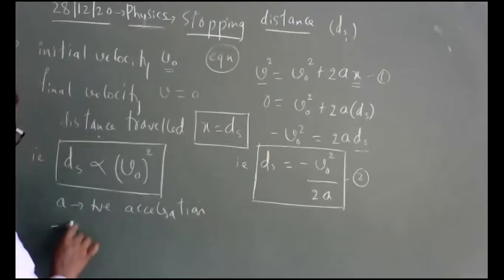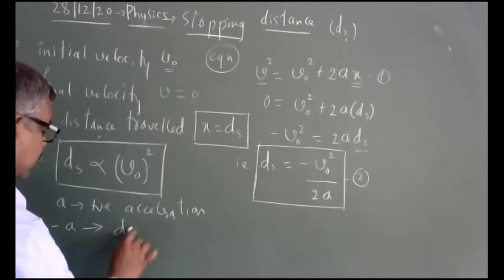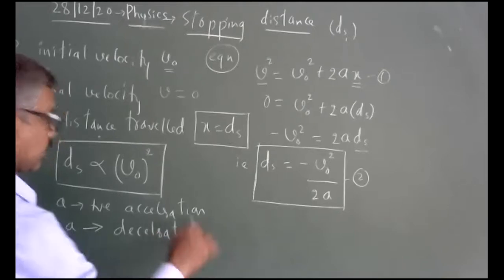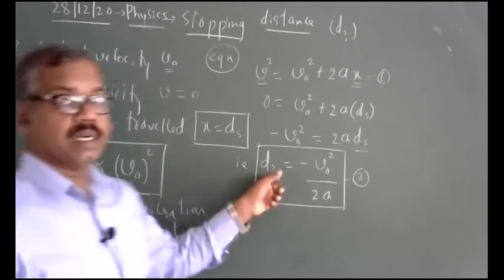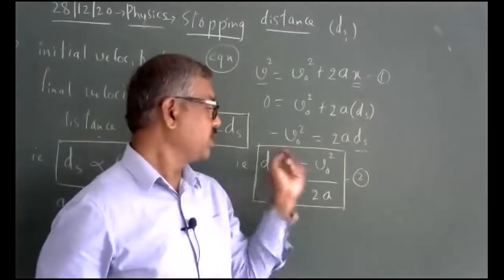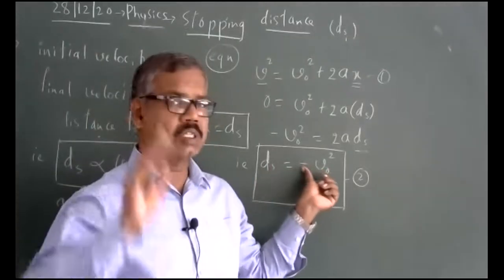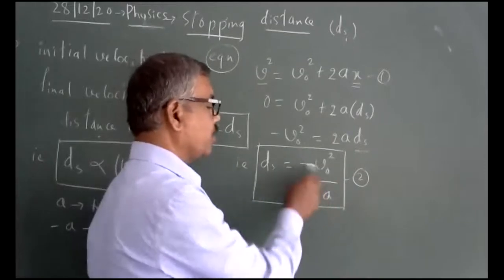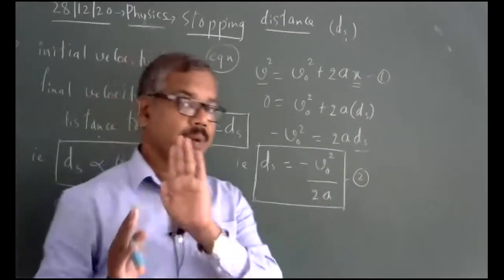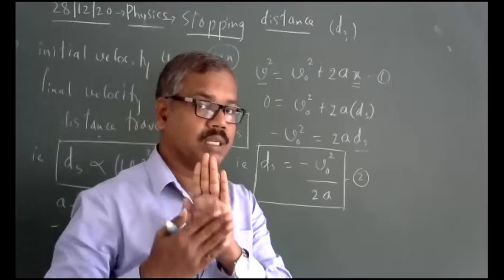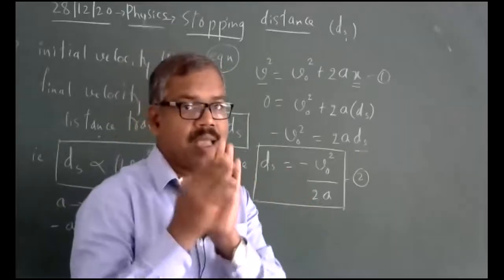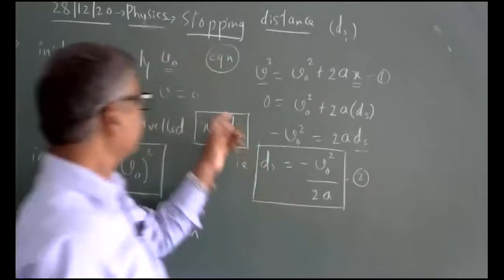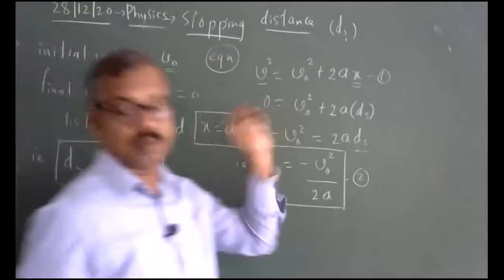If it is minus A, it is called deceleration. So ds stands for stopping distance, and distance is always positive. Mathematically, it looks like V0 square upon 2A. Minus indicates that when you apply a brake, it loses velocity, meaning it has some velocity initially. You apply brake, its velocity starts decreasing, it comes to a stop. That is why I have taken final velocity as 0.